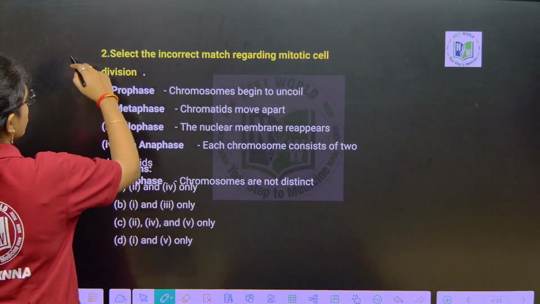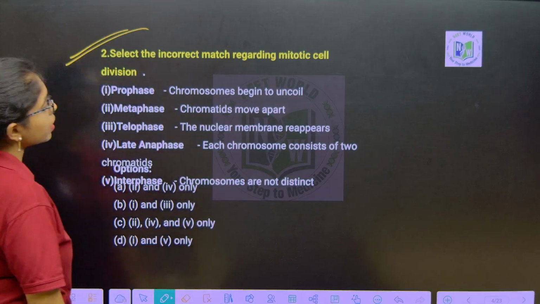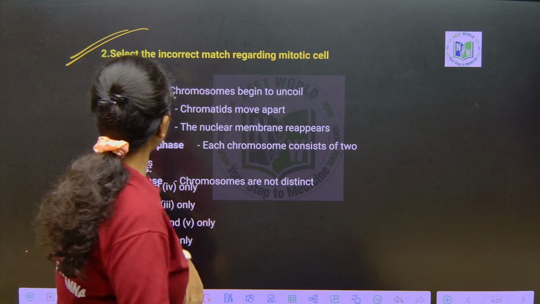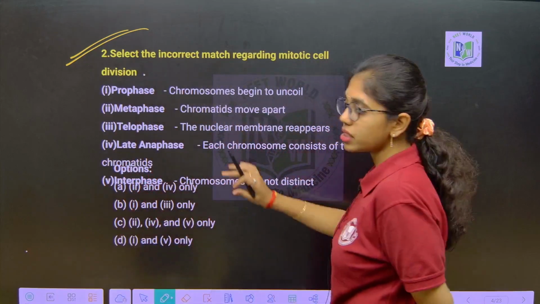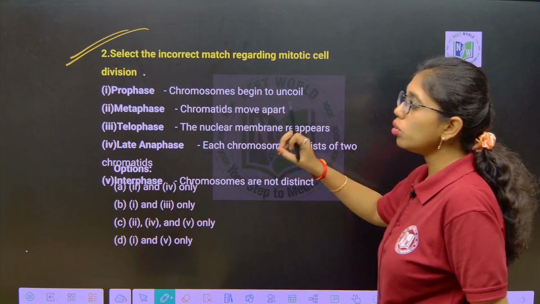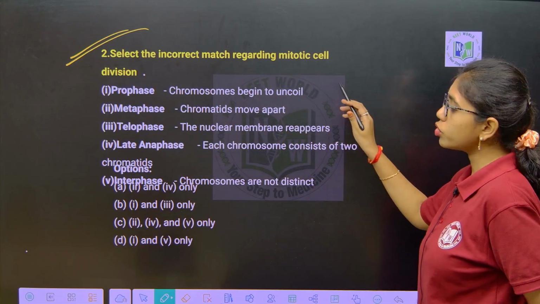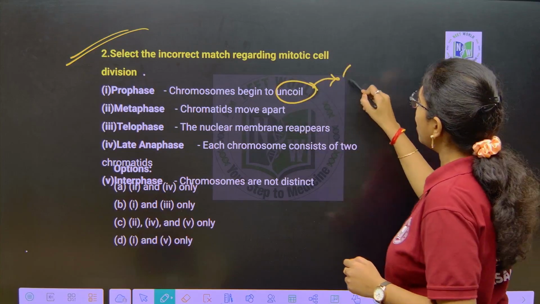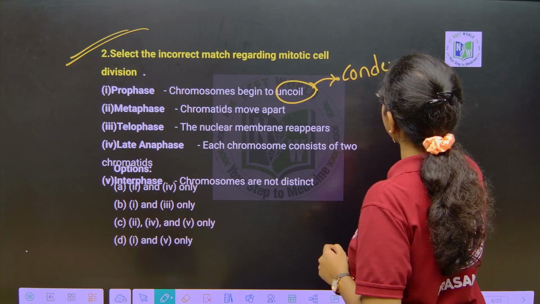So here he is asking to select the incorrect match regarding the mitotic cell division. We have to select the incorrect statement with respect to that. Prophase, chromosomes will begin to uncoil? No, chromosomes will begin to uncoil and they get condensed to chromosomes.